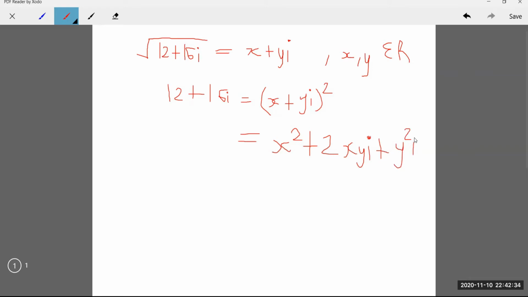Now what is i squared? It's -1. So y squared times -1 is minus y squared. So we can write x squared minus y squared plus 2xyi.